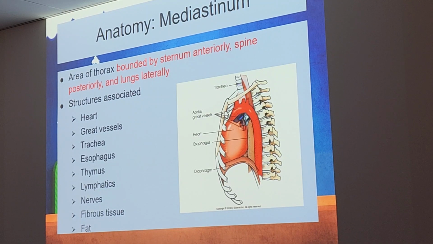We have our trachea and our esophagus, which go right in the middle of our body. We have our thymus gland, our lymphatics, different nerves, fibrous tissue, and fat. So our mediastinum has all of the structures except our lungs on both sides and the pleural cavities that the lungs sit in.